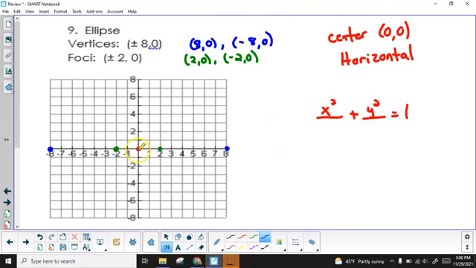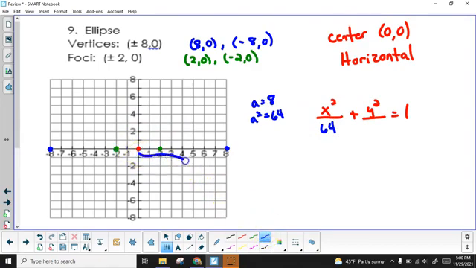So we can count that here from the center. It's left 8 and right 8. So that means that our a value is 8 and a squared is 64. That's how much we go left and right. So that 64 goes underneath our x term. And for how much we move up and down, we don't really know that. We're going to have to calculate that.